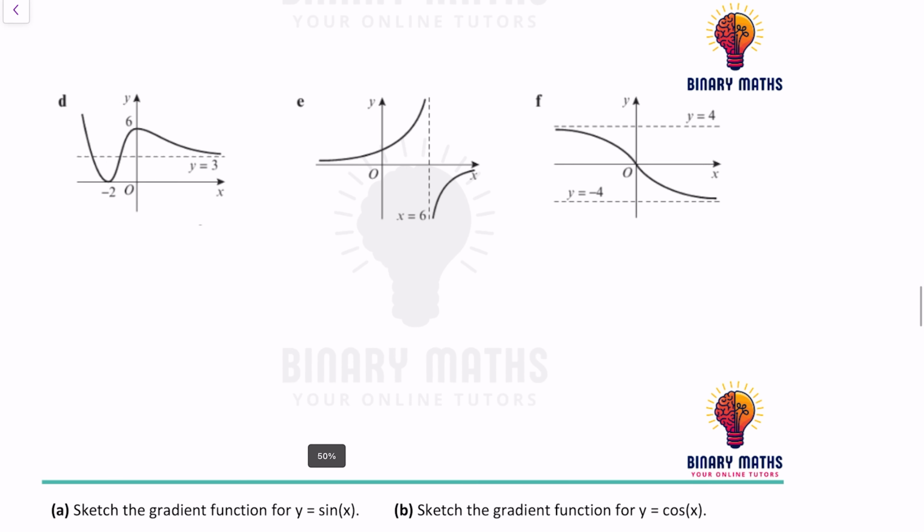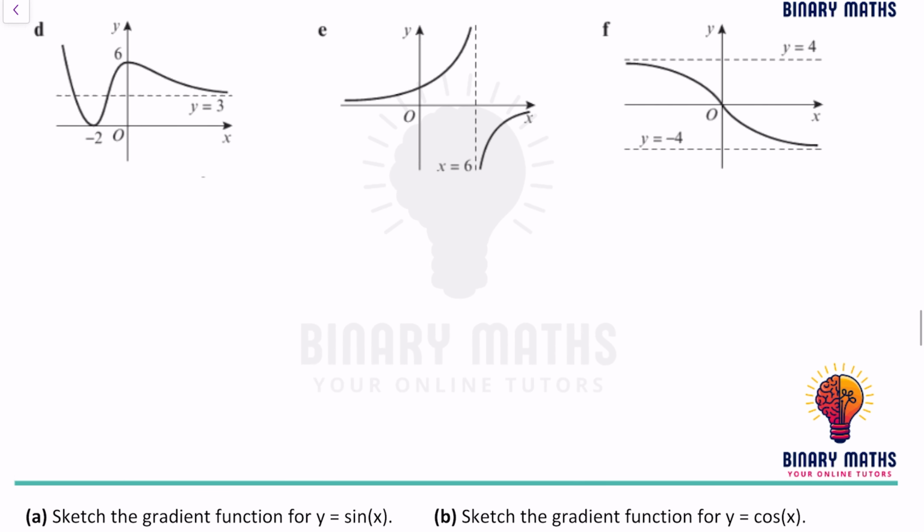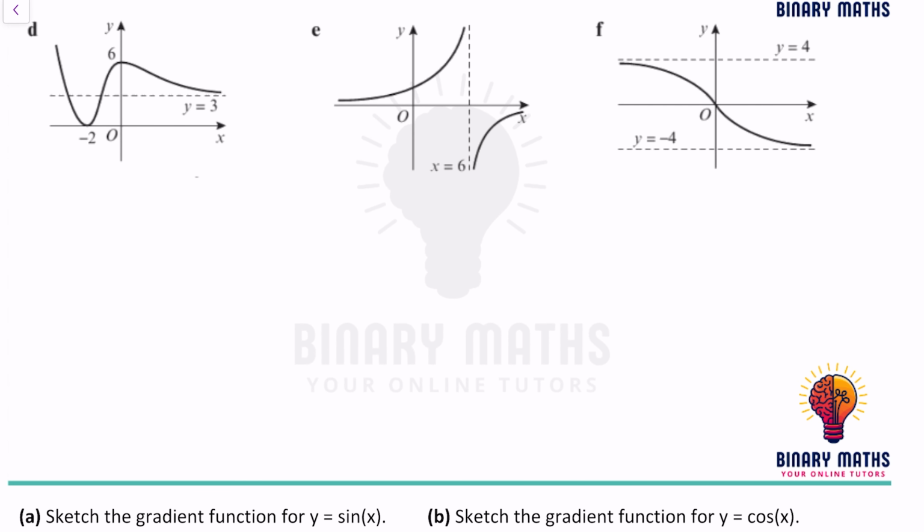Okay, let's look at these examples. First thing I need to do is draw the axes below. Identify the stationary point, so it looks like it's there. Stationary point here. And this part I know tends to 0.